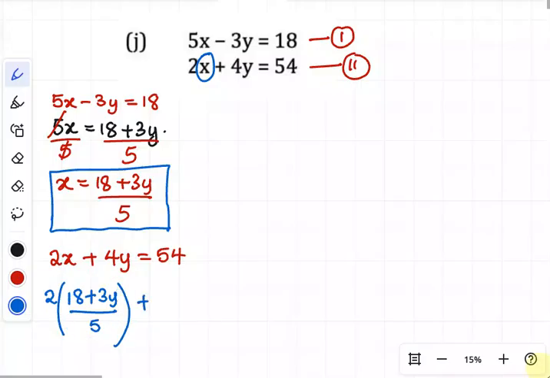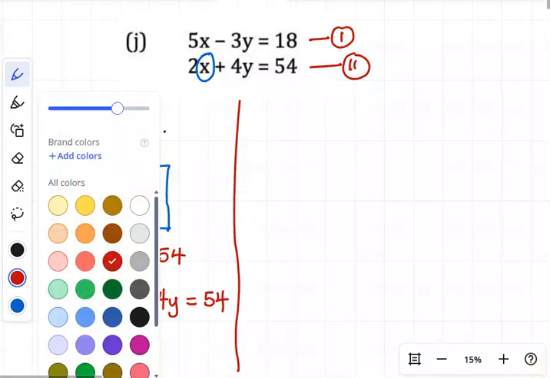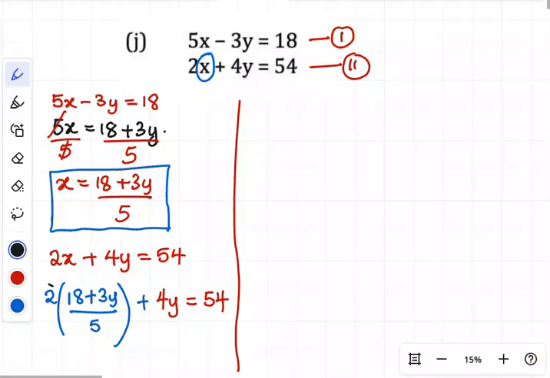Then I have my 4y, then equals 54. So what do I do next? I just need to open the bracket. By opening the bracket, I will distribute this 2 to the numerator.